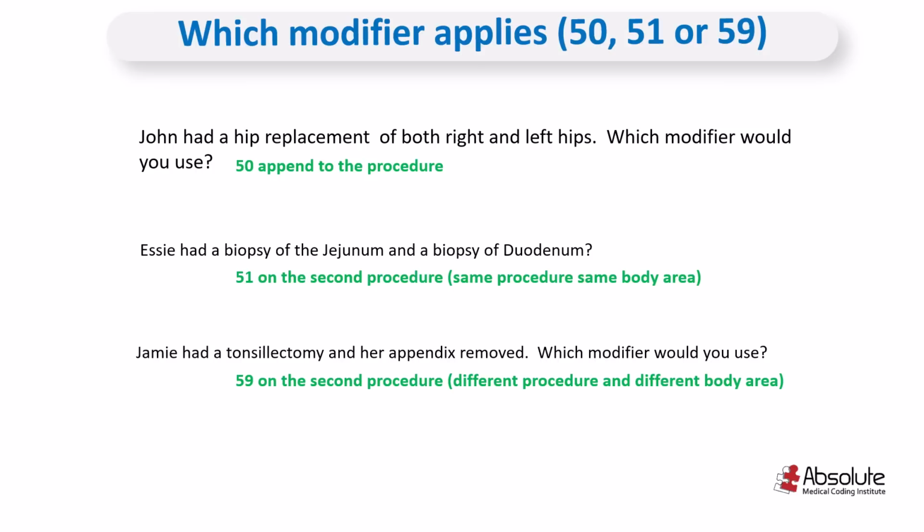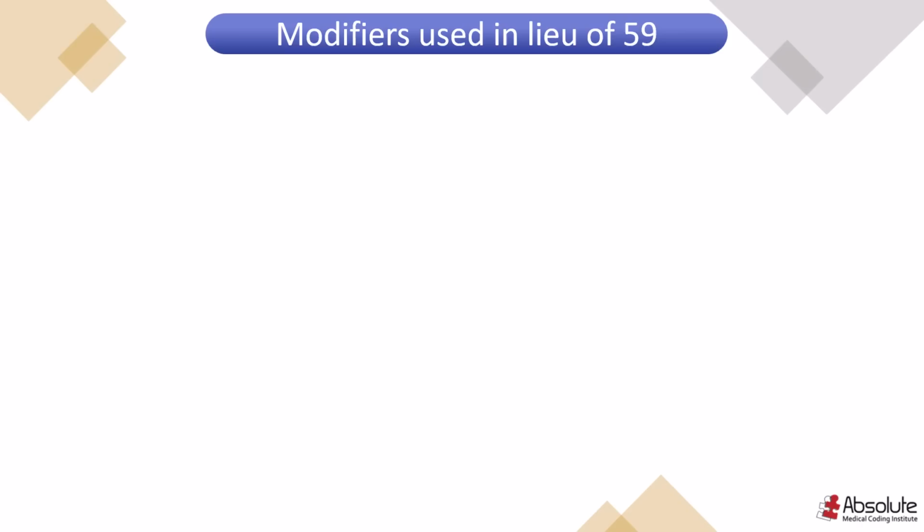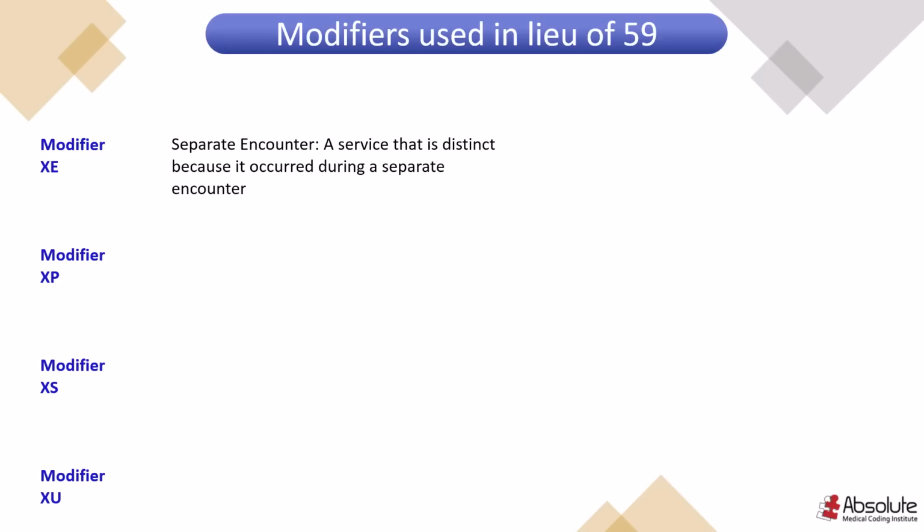So CMS came up with some modifiers to use in lieu of modifier 59. Let's go ahead and evaluate them. Here are the modifiers that you use in lieu of 59: modifier XE, modifier XP, modifier XS, and modifier XU. Modifier XE is for a separate encounter.